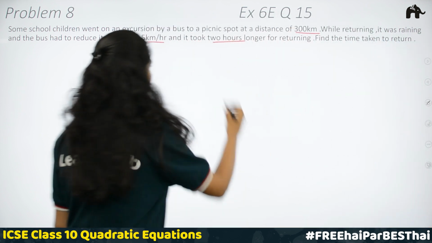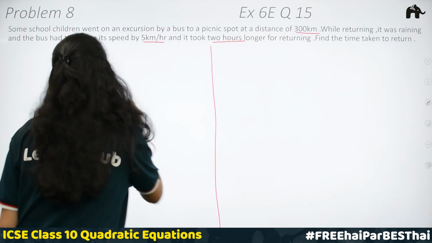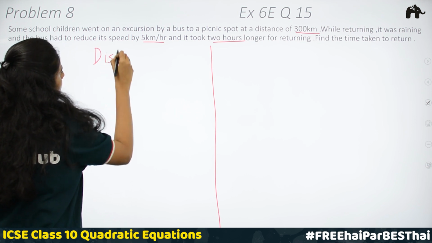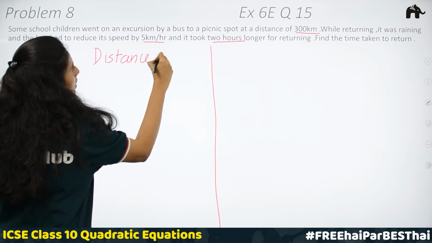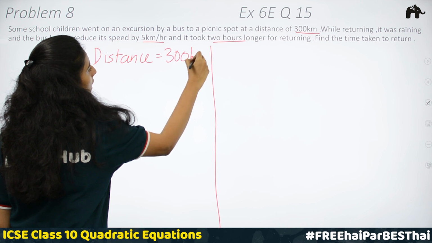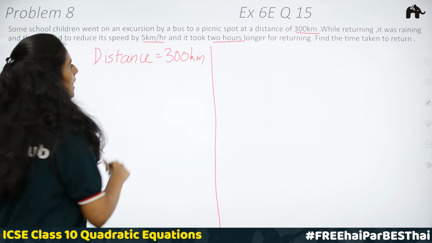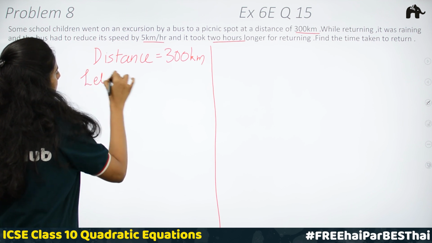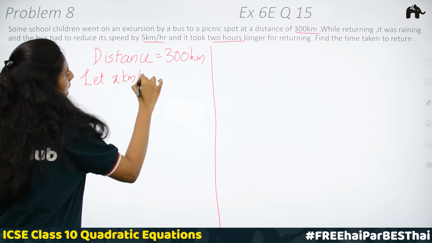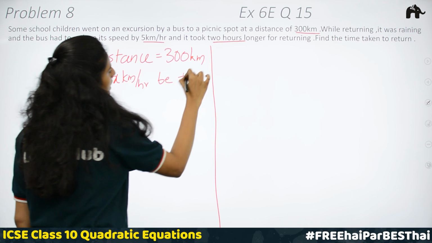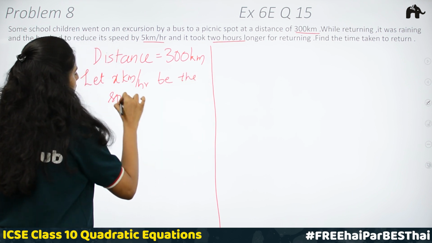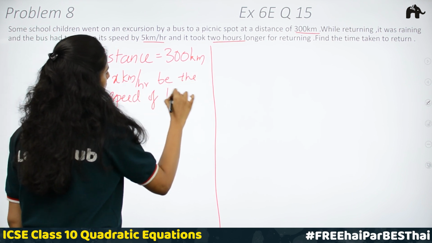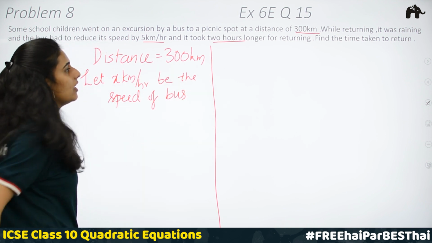Okay, here distance is given. Distance is equal to 300 km. Let us take the speed of bus as x. Let x kilometer per hour be the speed of bus. Now while returning, what happens?